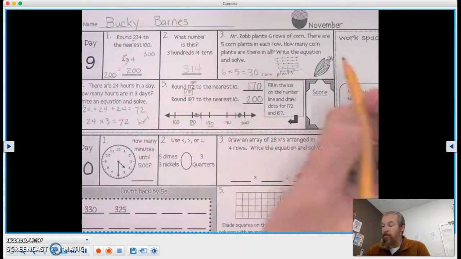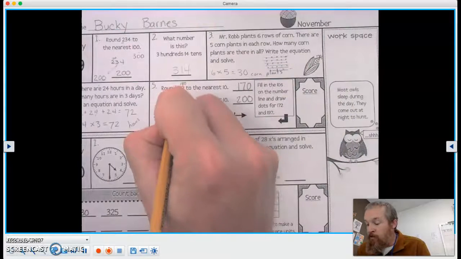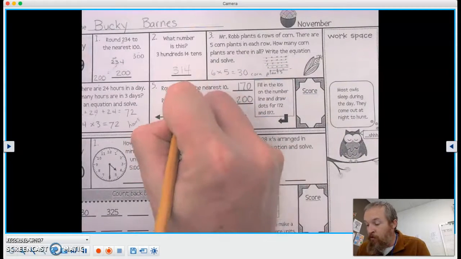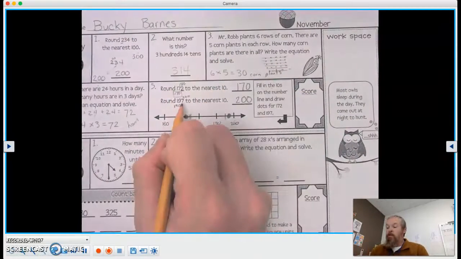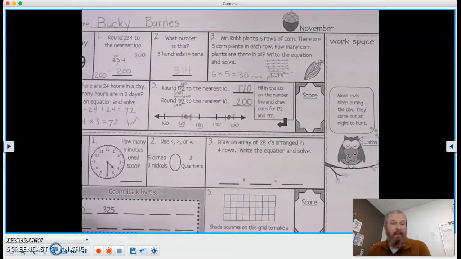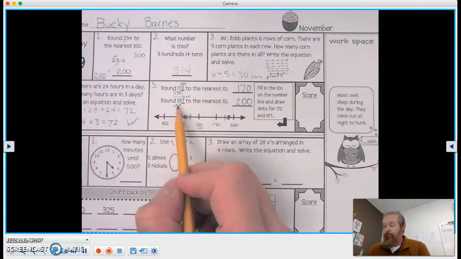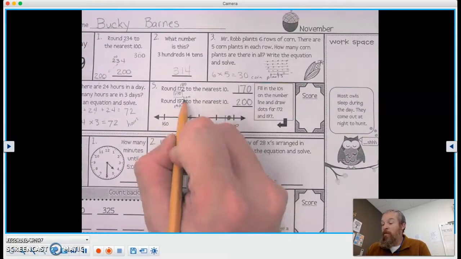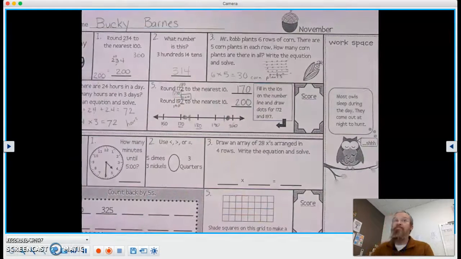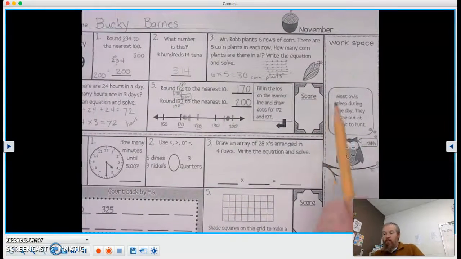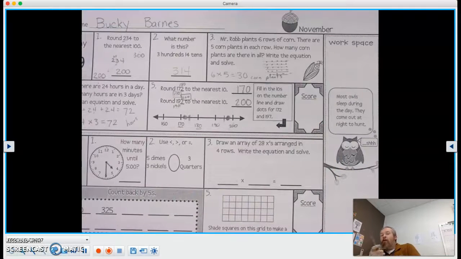Nope, 4 or less, let it rest. 170. 197. So it's either going to be 190 or 200. So we're going to look next door and have the 7 tell us which one it is. 4 or less, let it rest? No. 5 or more, raise the score. Yep. Now, go ahead, write your answer in up there, but wait a moment.